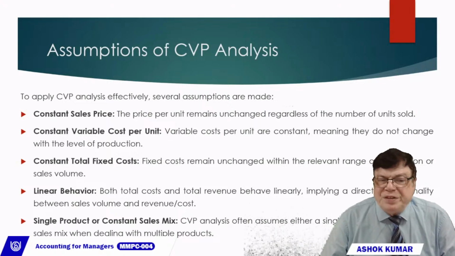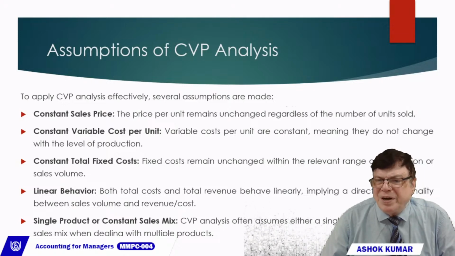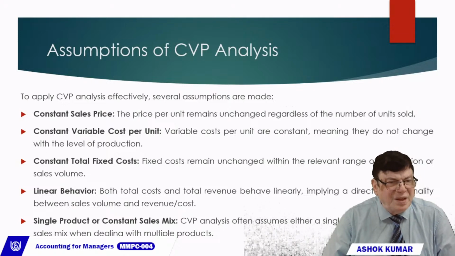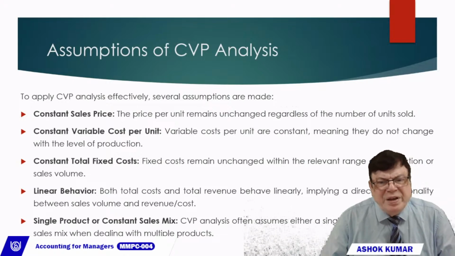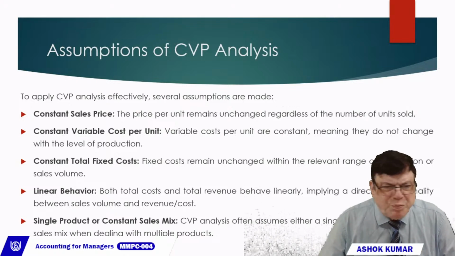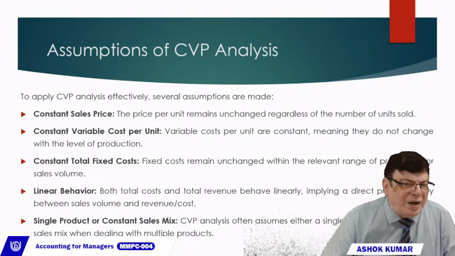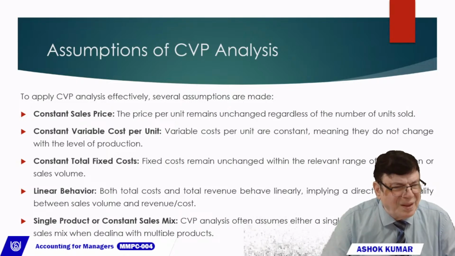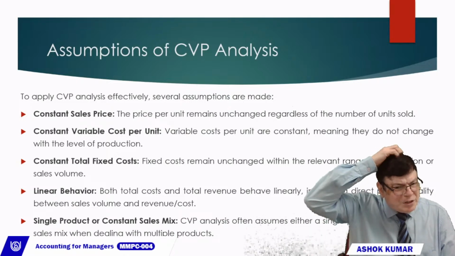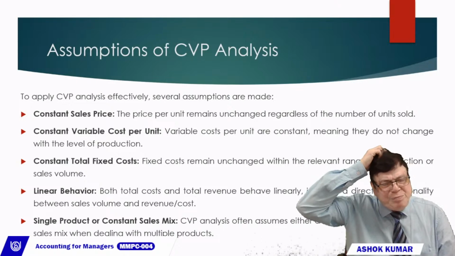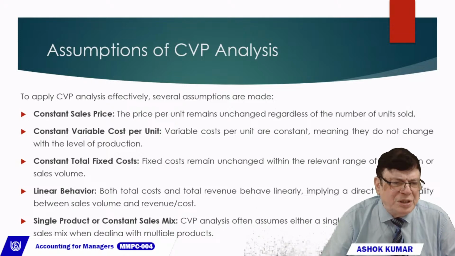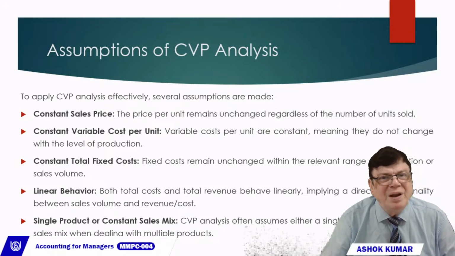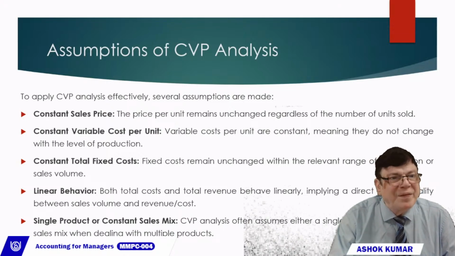Then constant total fixed cost. Fixed cost also remains unchanged within the relevant range of production or sales volume. Linear behavior, both total costs and total revenue behave linearly, implying a direct proportionality between sales volume and revenue, cost. Single product or constant sales mix, CVP analysis often assumes either a single product or a constant sales mix when dealing with multiple products.